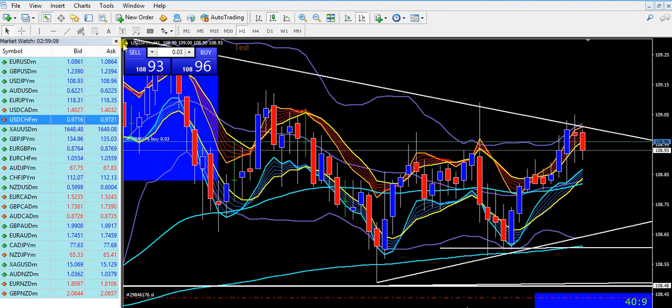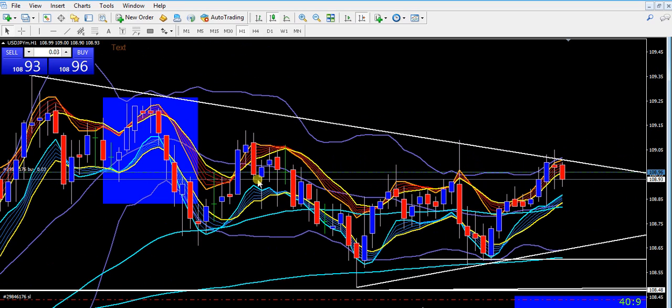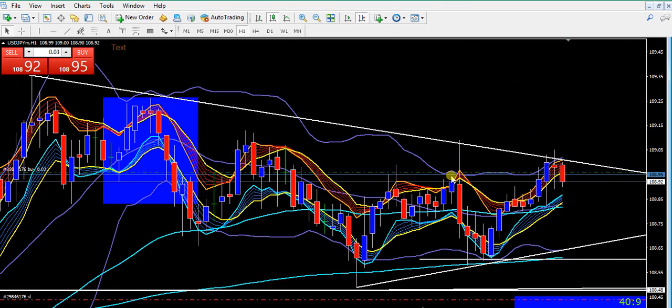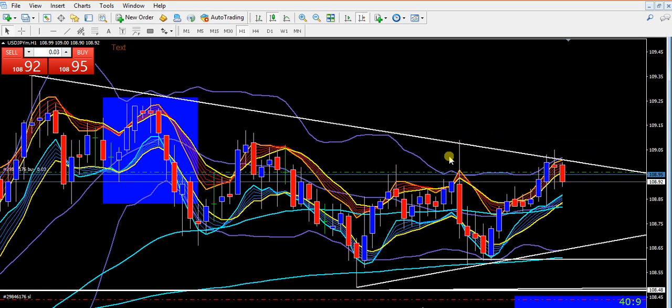Okay, I think the position is open. The open is already in place, guys. This is my stop loss. I don't care about the targeting area. If I think the target is enough, then I will close my position. It doesn't depend on the target, it depends on whether it is enough for me or not.